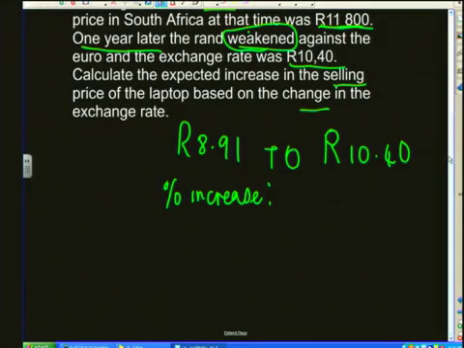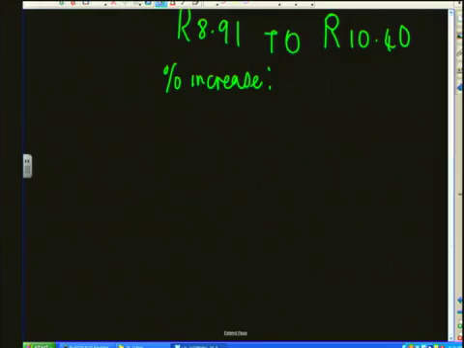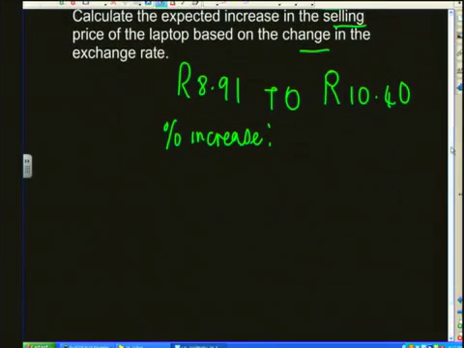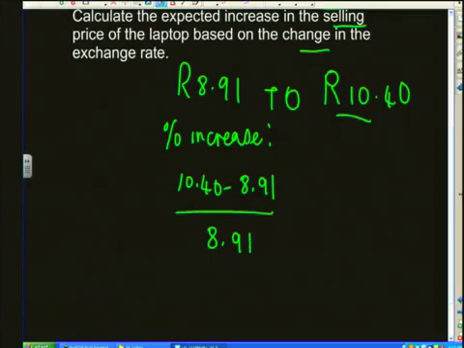And hopefully all of you remember how to do percentage increases. So your final value minus your initial value, all divided by your initial value, and we times that by 100 to get our percentage.